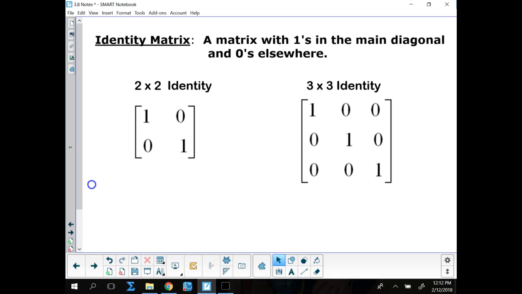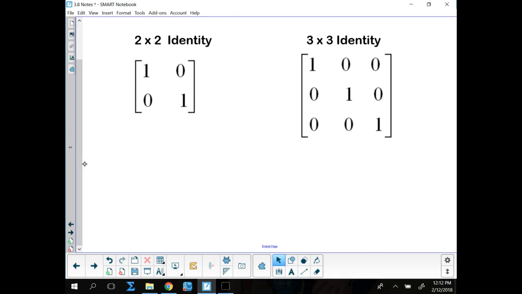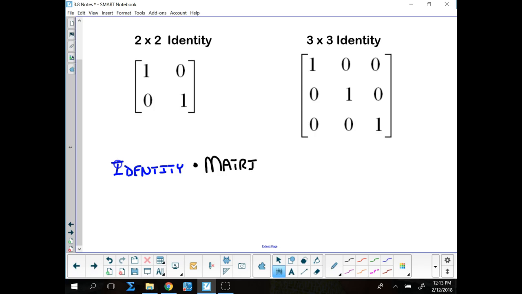The nice thing about identity matrices is that they follow a certain pattern. And that pattern is the identity times the matrix is equal to the matrix.